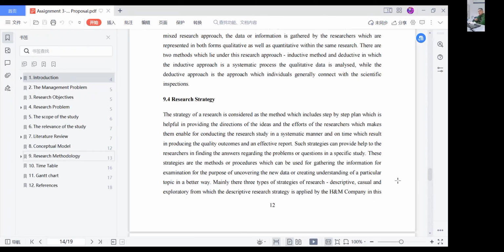9.4 is the research strategy. The strategy of the research is considered as the method which includes a step-by-step plan which is helpful in providing the directions of the ideas and the efforts of the research, which makes them able to conduct the research study in a systematic manner and on time, which results in producing quality outcomes and an effective report.